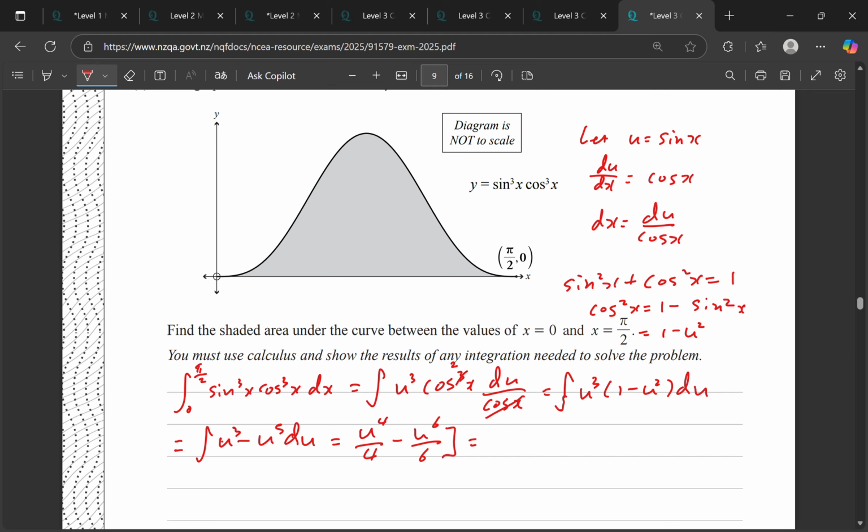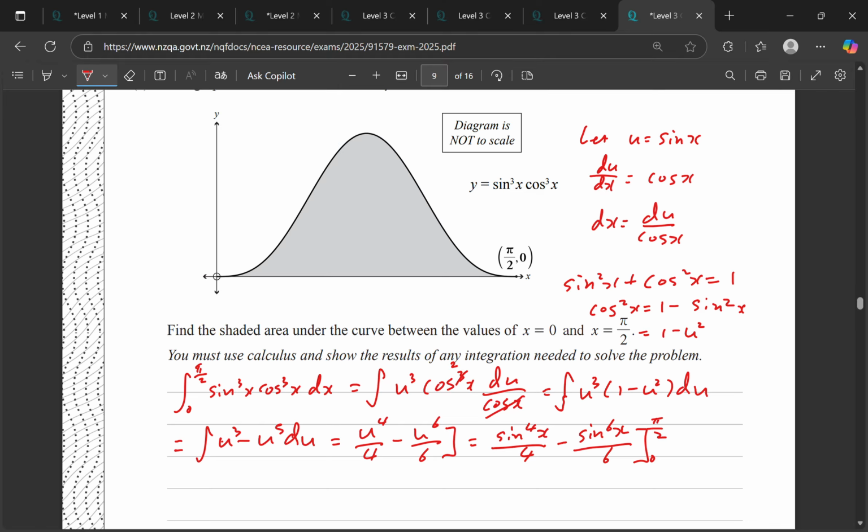So u is sine x, so I say sine to the power of 4 x over 4 minus sine to the power of 6 x over 6, from 0 to pi over 2.